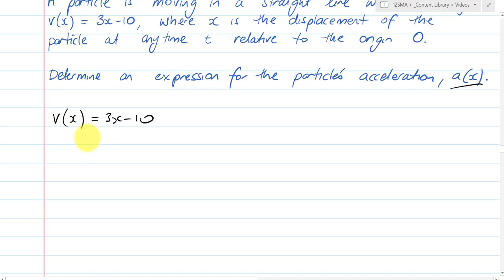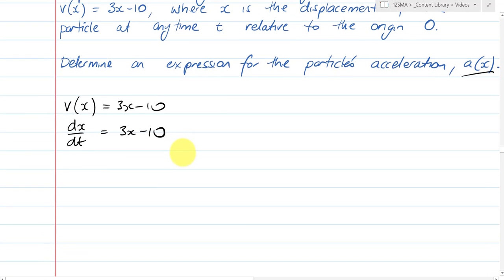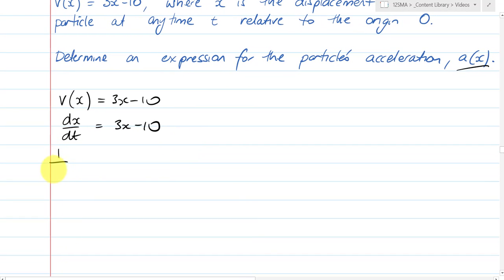We know that v is a function of x. Well, we know v is equal to dx/dt, and that's equal to 3x minus 10. So we can solve this differential equation by writing it as 1 over (3x minus 10) dx equals 1 dt. I've divided through by 3x minus 10, and I'm going to integrate both sides of that.